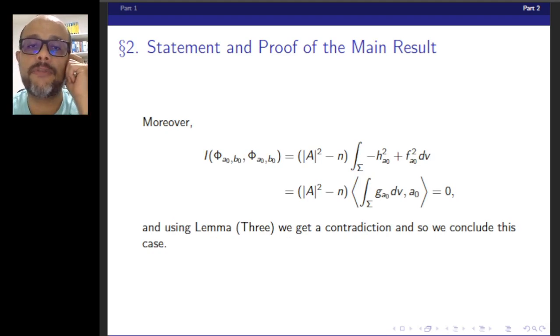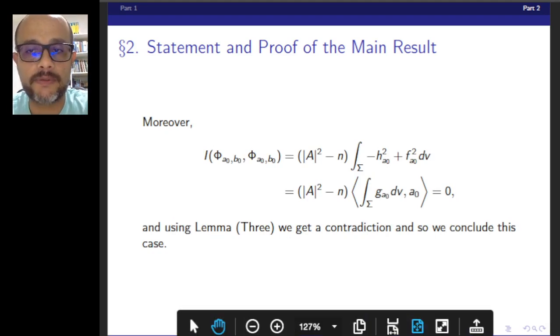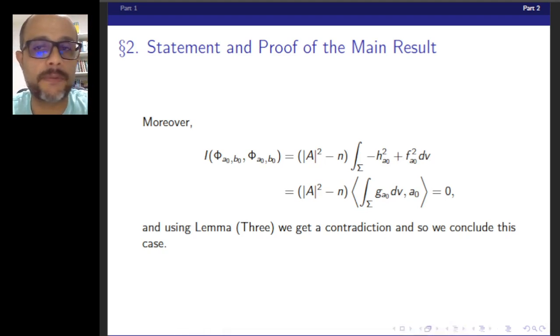So, if you compute, you have this expression. Okay, this is a simple expression. And if you rewrite the expression in the first equality, you notice that the mean of g_{a_0} appears. And the mean of g_{a_0} is 0.